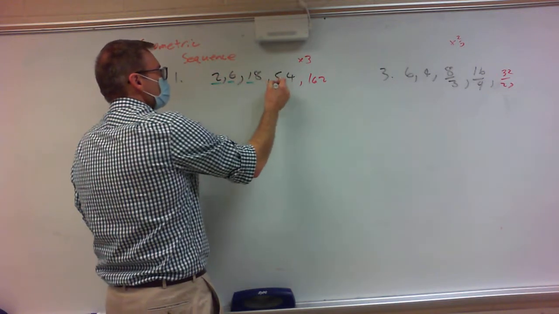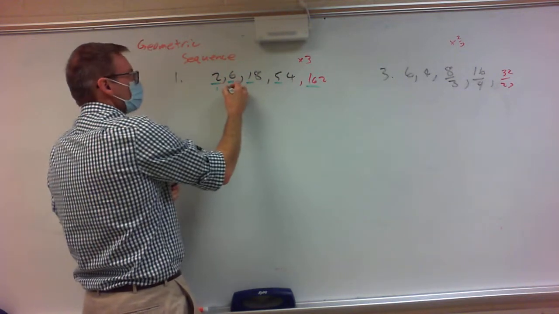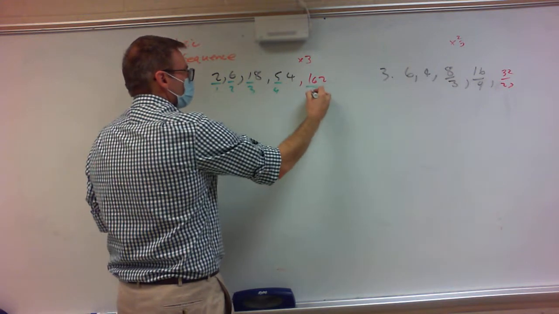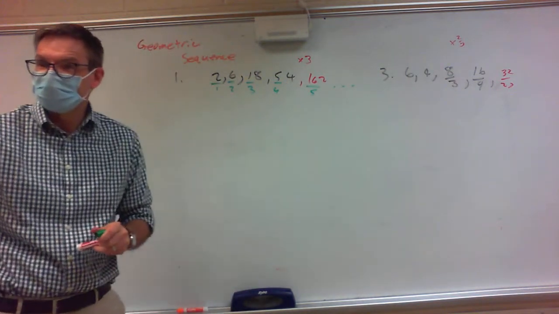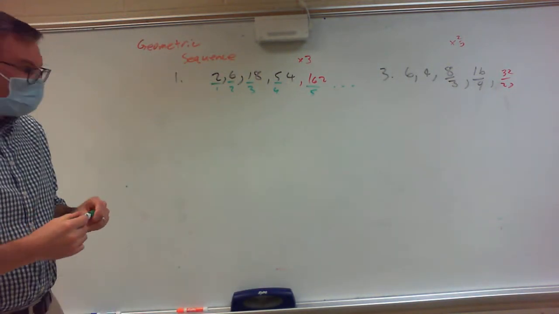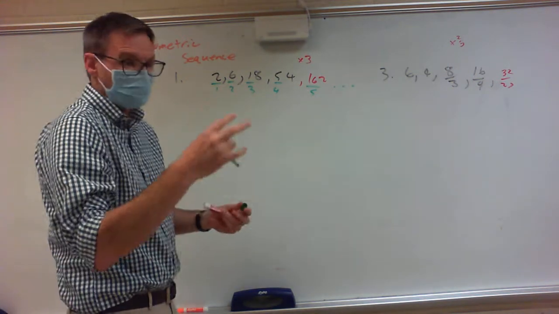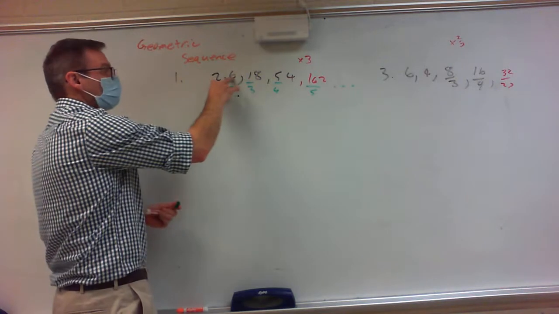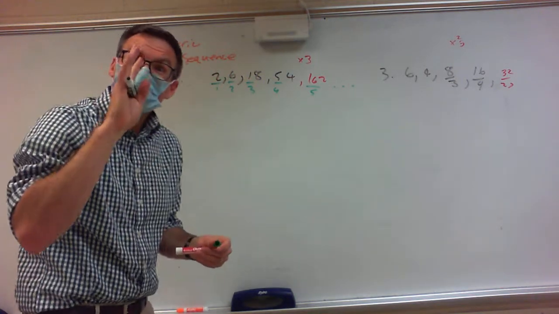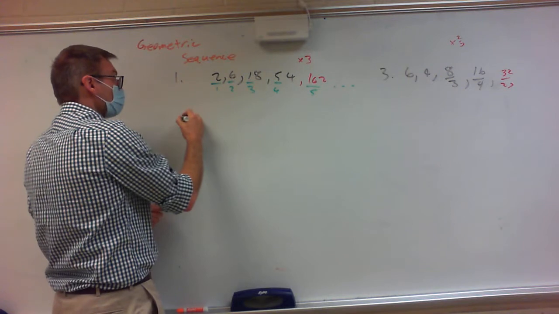So I do dashes. And this is the first position, the second position, the third, the fourth, and the fifth, and so on. All right? And in an arithmetic sequence, you have something called a common difference, where you take 2 consecutive terms and you subtract them. For a geometric sequence, we have something called a common ratio.